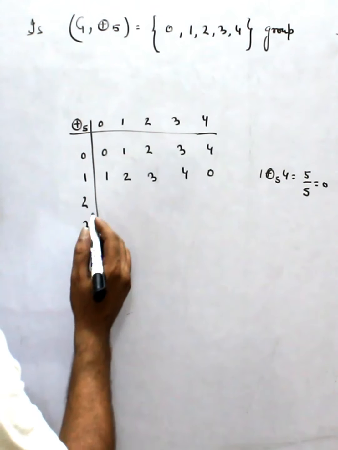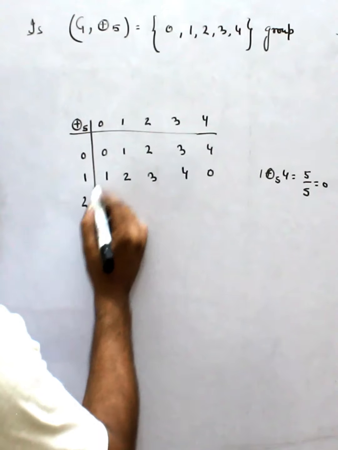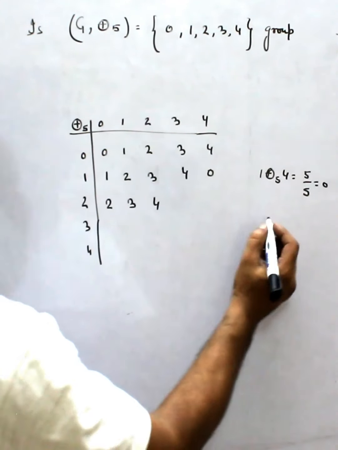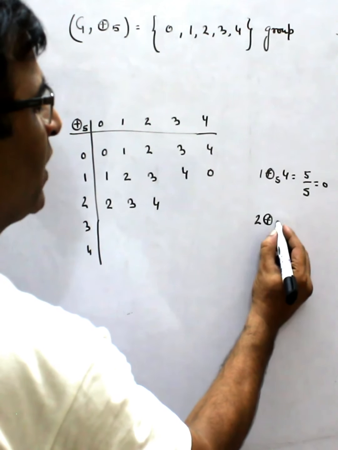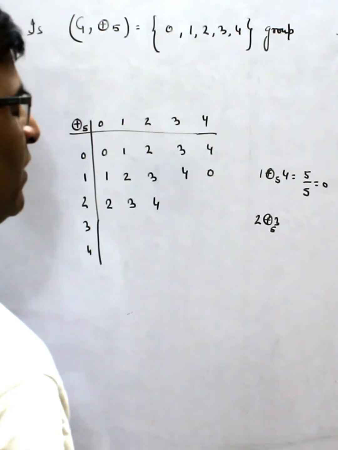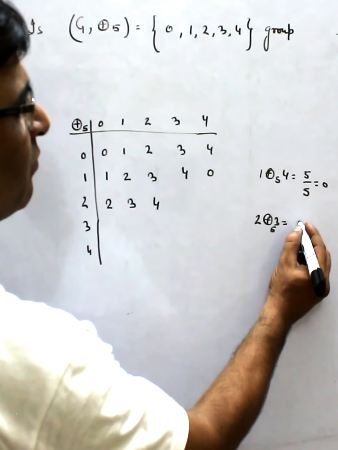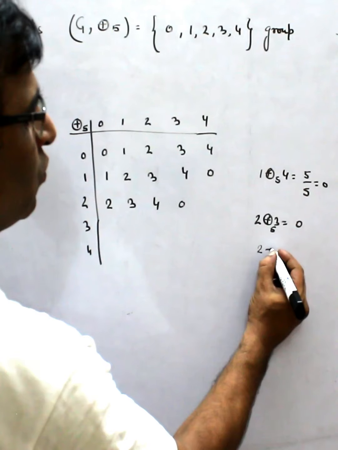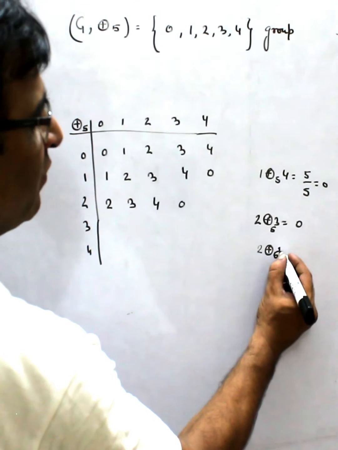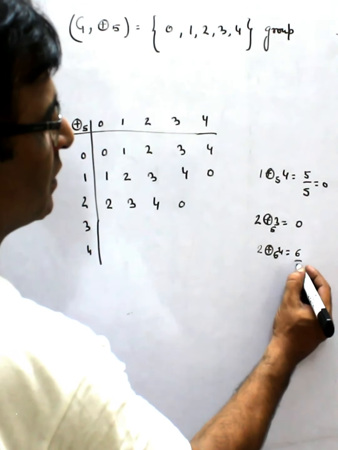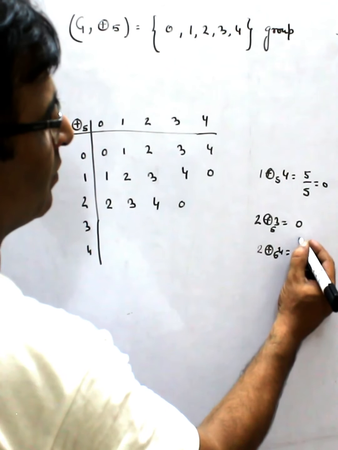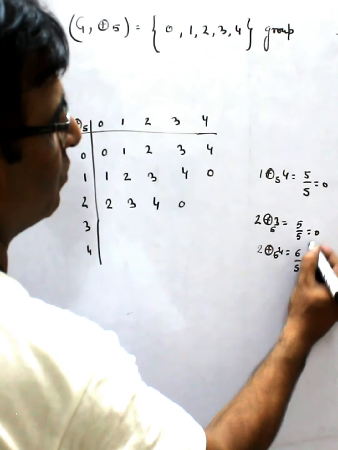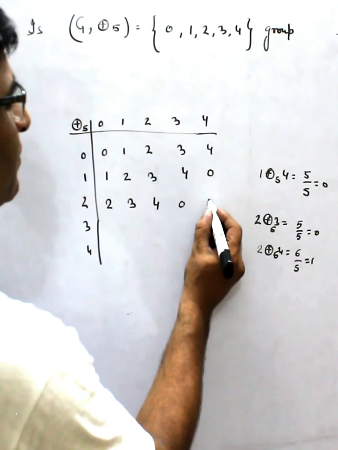Now similarly with 2, it is 2, this is 3, this is 4, and 2 plus 3 modulo 5, then what happens? 5, this is again 0, and 2 and 4, 2 plus 4 is equal to 6, divided by 5, this is actually 5 by 5, 0, and this is 1.